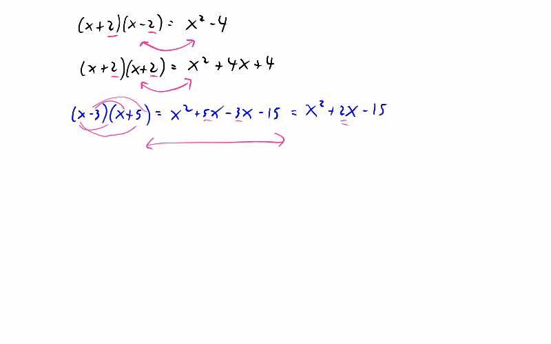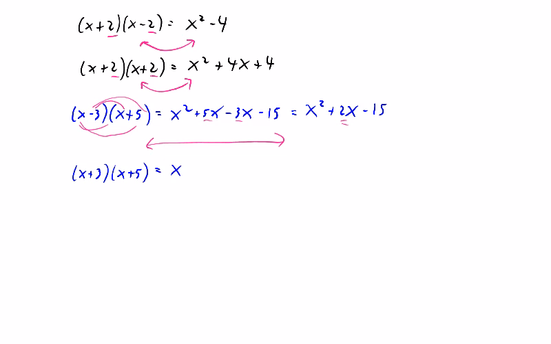But first, let's establish a pattern so that it'll make more sense how we can do that. Let's look at a second example, and we won't show quite as much detail. In this one, let's consider x plus 3 times x plus 5. Very similar example.